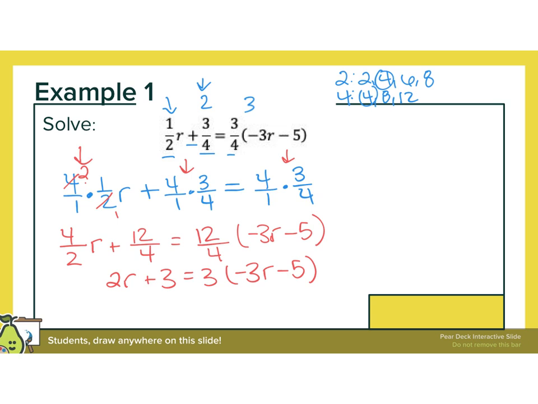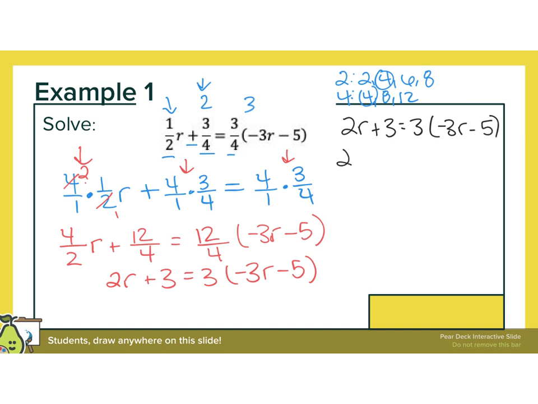And I'm going to switch to black. So I'm going to rewrite the equation just so everything is in the same place. So 2r plus 3 times the quantity of negative 3r minus 5.